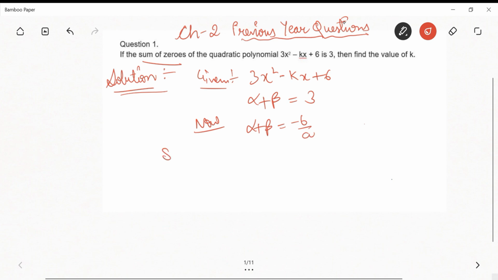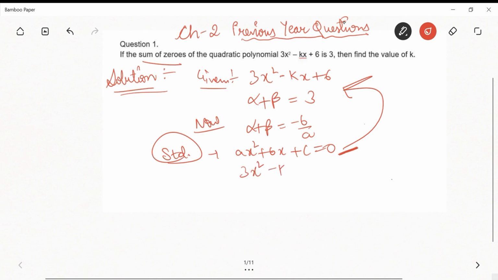Now, standard form of the quadratic equation is ax square plus bx plus c, that is equal to 0. Now compare this standard equation with the given quadratic equation. So 3x square minus kx plus 6, that is equal to 0. So from this we will get that a is equal to 3, b is equal to minus k, and c is equal to 6.